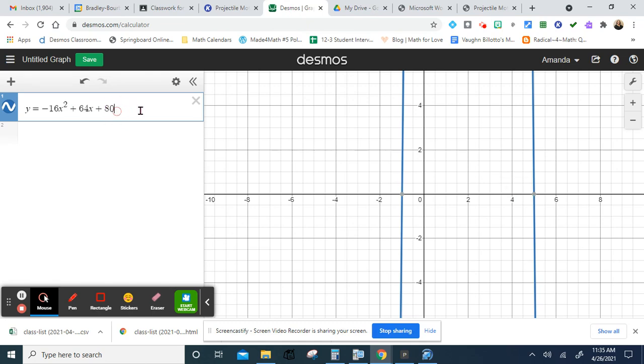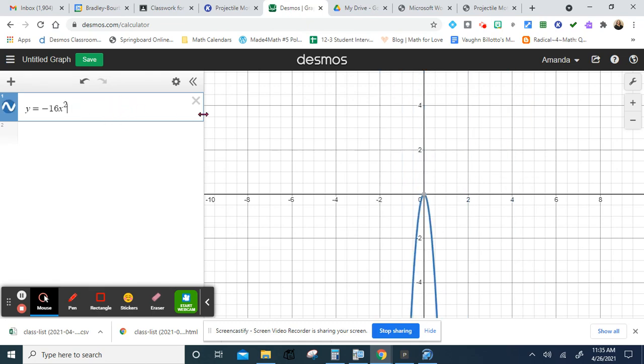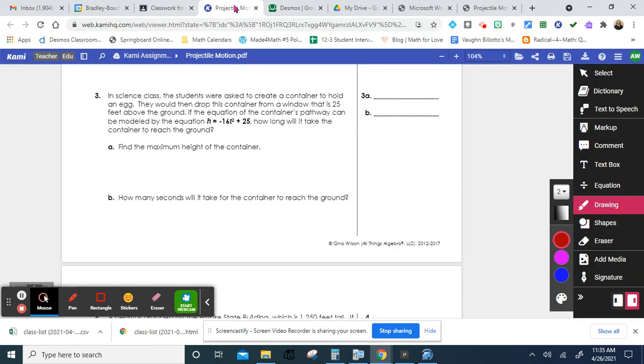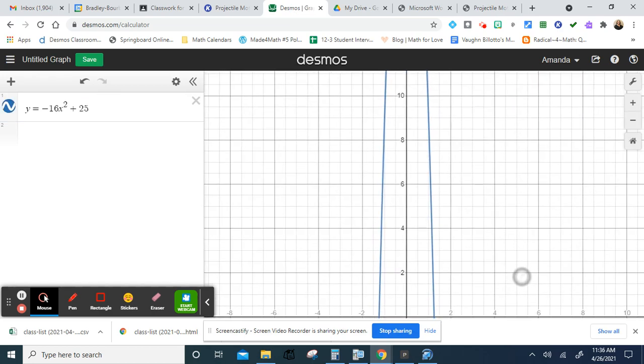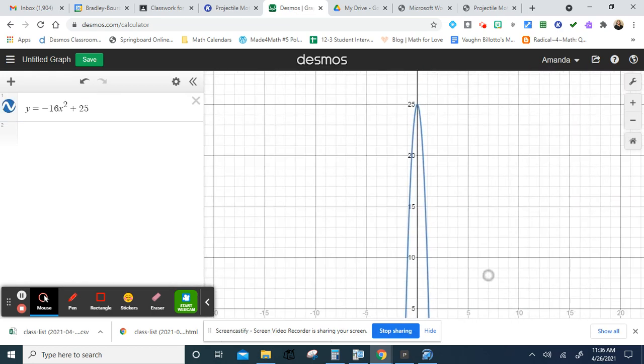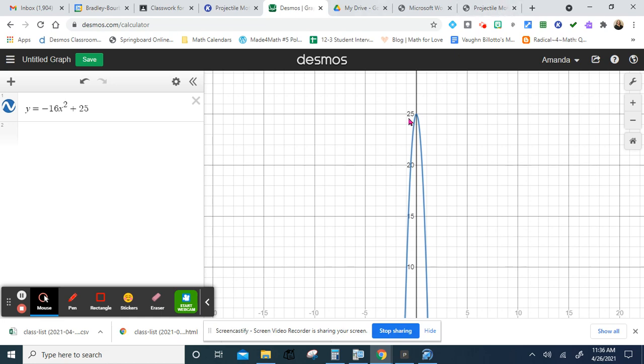Now, you already have the negative 16 squared in there, so instead of typing it over again, plus 25. And voila, we were right.